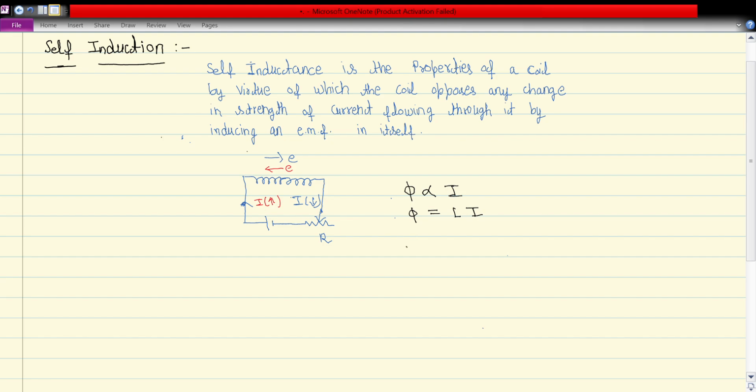Here L is the self-inductance, the coefficient of self-inductance.